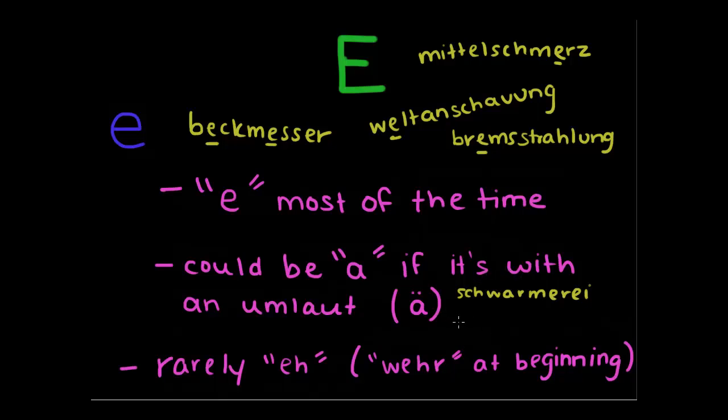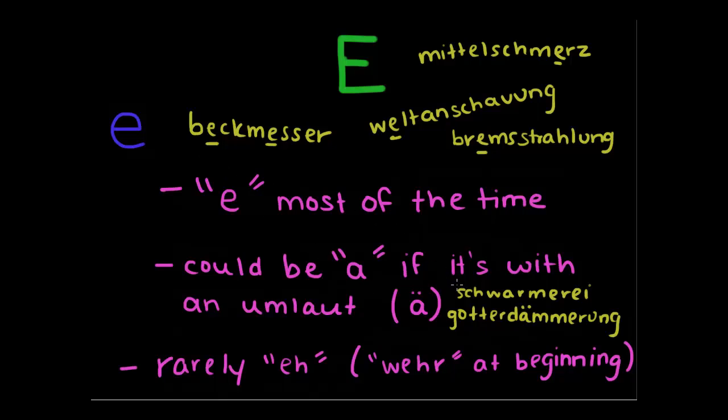Another example with an umlaut is Götterdämmerung. Here the A does have an umlaut, so when you spell it, you're just going to say D-A-M-M-E-R-U-N-G. You don't have to say anything about the umlaut, but because it's there, you know it's representing the eh sound.